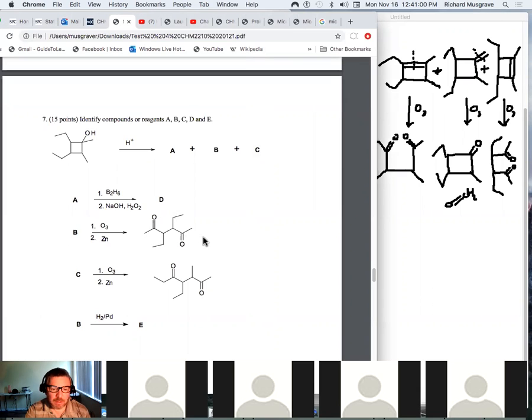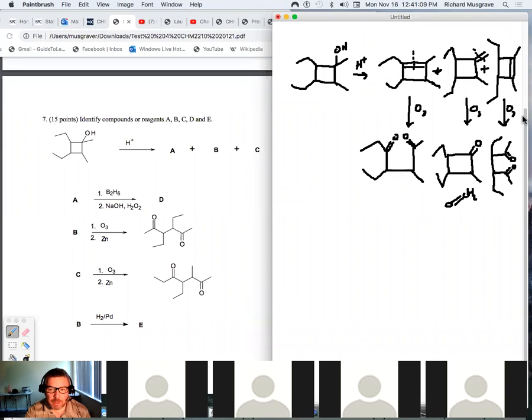I think what I would be inclined to do is look at these structures here, see if I can reconcile any of these, which are ozone products, by the way, right? Your ozone products, with any of the ones that I drew as ozone products of these guys over here.